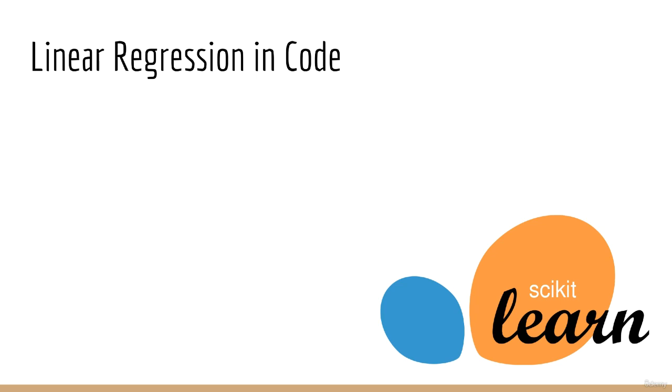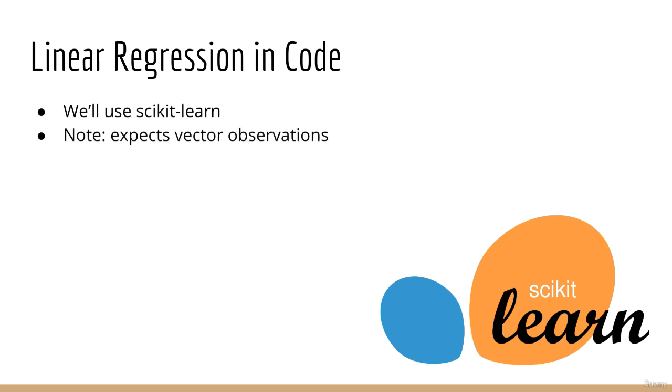So how does this work in code? As mentioned, in this class, we won't be overly concerned with implementing machine learning models unless it's absolutely necessary. So we will turn to our old friend scikit-learn. In general, scikit-learn models are designed for vector observations. That is, you would try to predict an output y based on multiple x's.